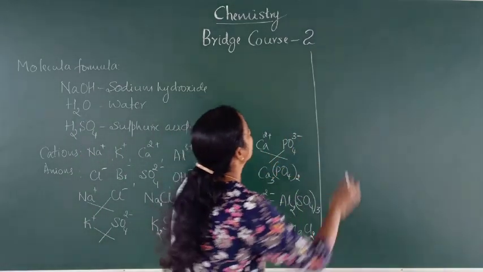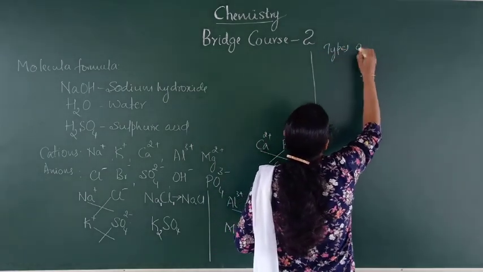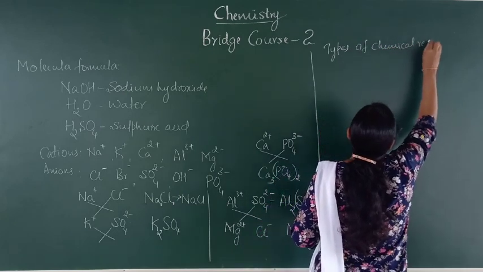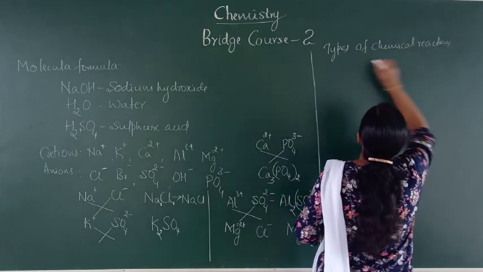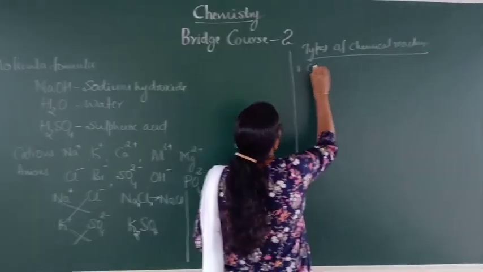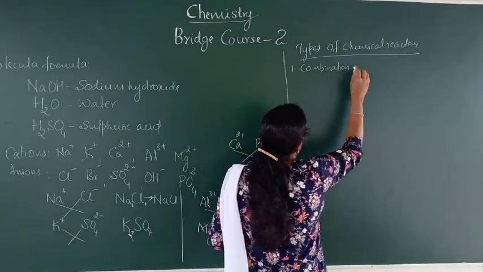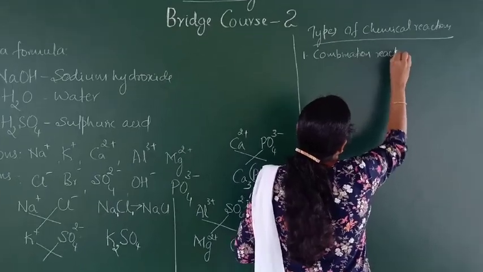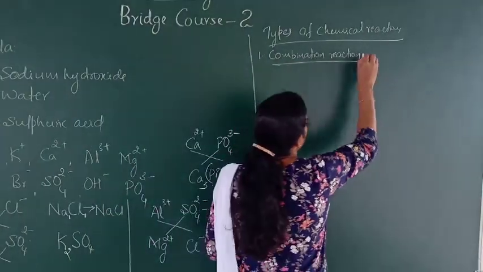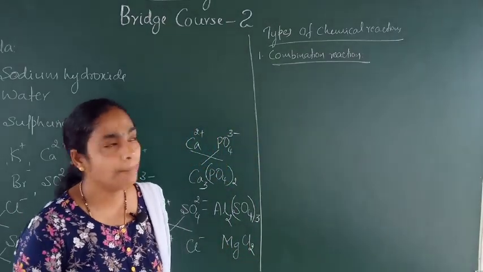Next, types of chemical reactions. First type of chemical reaction is combination reaction. Two elements combine together to give you a product.